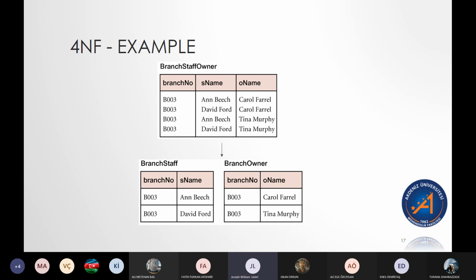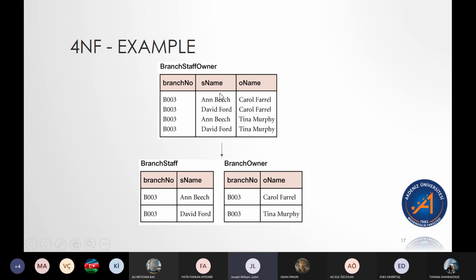And one of the reasons why we wouldn't necessarily just say, oh, well, this is a partial dependency, is that there's no partial dependency here. Branch number is determined by staff name. But at the same time, owner name also determines branch number.